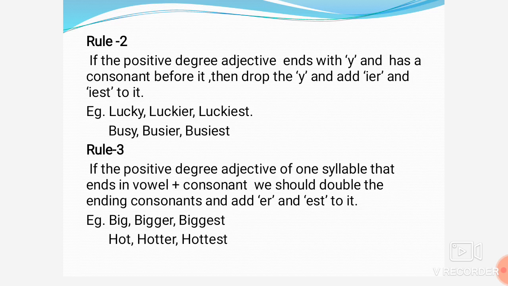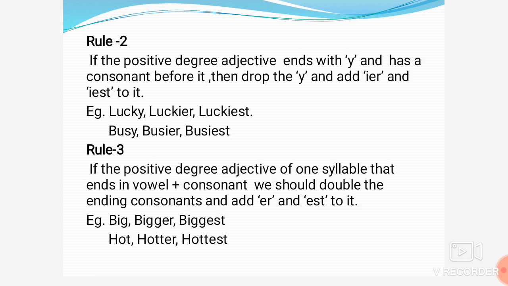Now coming to rule number 3. If the positive degree adjective is of one syllable and ends in vowel plus consonant, we should double the ending consonant and add ER and EST to it.